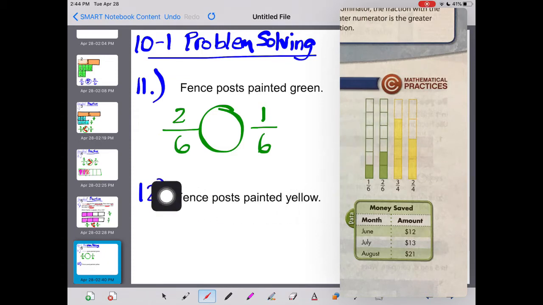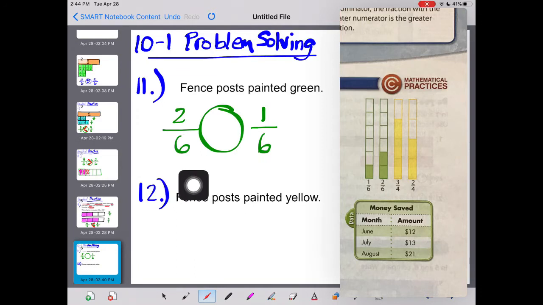All right, so how does 2/6 compare to 1/6? Well, you can see visually, wow, I think the 2/6 has been painted a little bit more than the 1/6, don't you? 2 is greater than 1. 2 out of the 6 compared to 1. So we're going to read from left to right. So we have 2/6 is greater than 1/6.